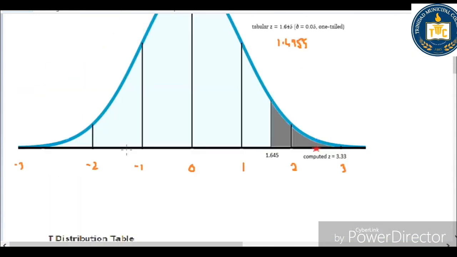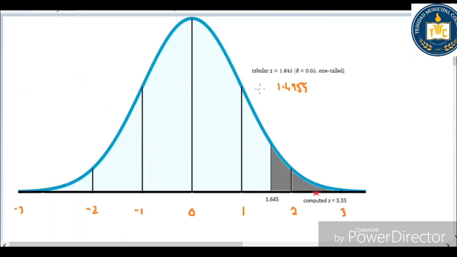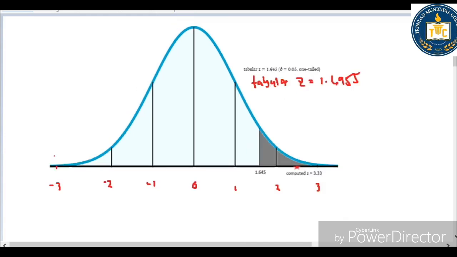1.6955. Okay, so here, in this figure, the z equals 1.643 at 0.051, but the exact tabular or critical value for 0.051 is 1.6955. Okay, first, we need to draw a normal curve distribution.